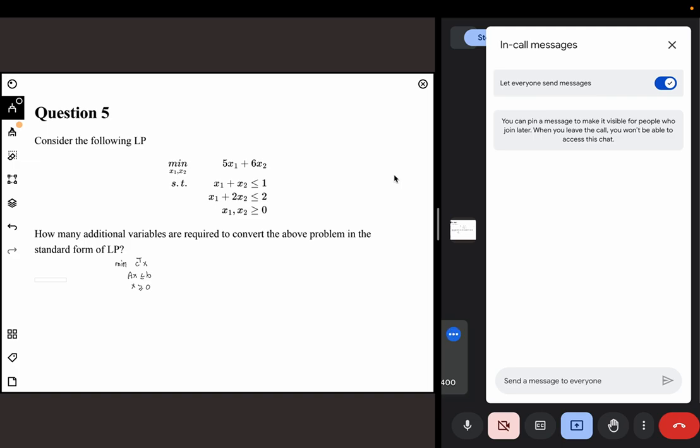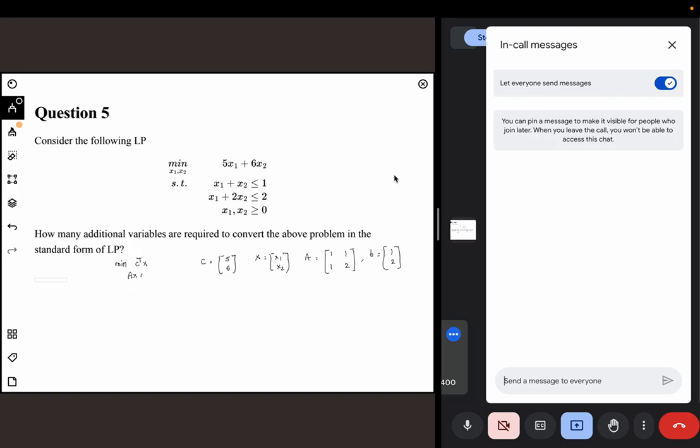If I want to represent it in this particular way, C is basically 5 and 6, x is basically x1 and x2, my A will be, and b will be. Oh, we do not have this in the original form, right?